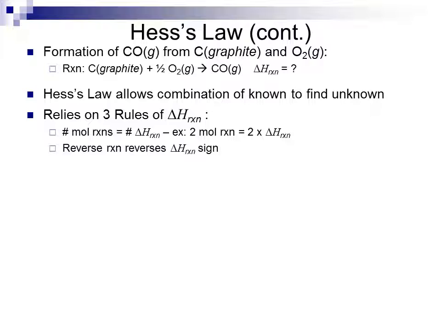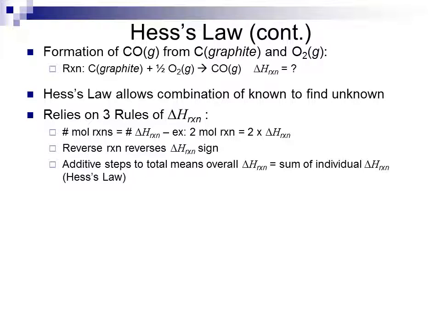If I reverse the reaction, that reverses the sign of the enthalpy change. Overall, additive steps mean that the sum of those additive steps is equal to the overall reaction. So the overall reaction is the sum of each individual step, and that is just another restatement of Hess's law.